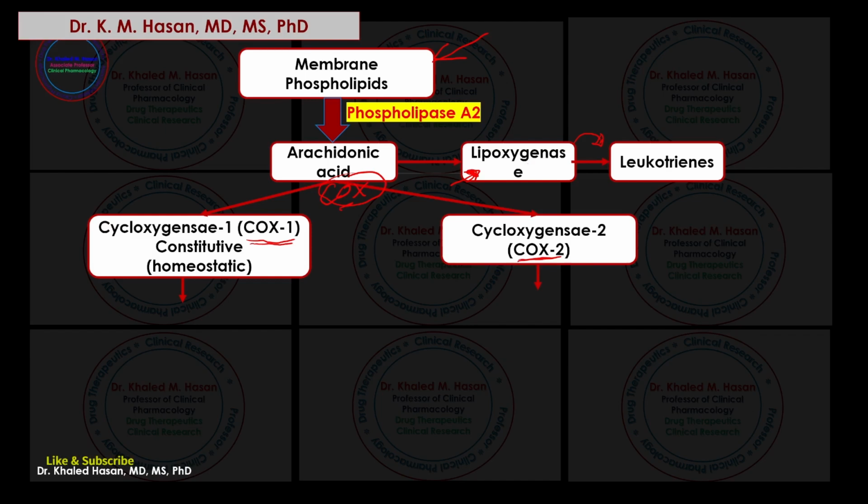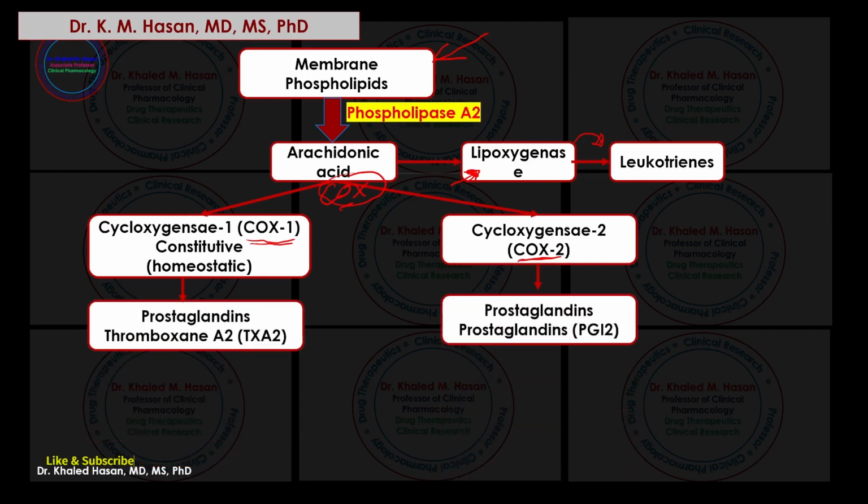Okay, moving to the next, according to the cyclooxygenase enzyme, several prostaglandins will be formed. As you can see here, cyclooxygenase 2 is responsible for formation of different types of prostaglandin, and one of the most important is prostacyclin.